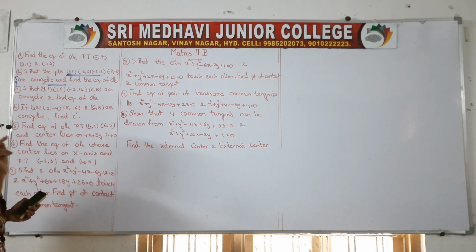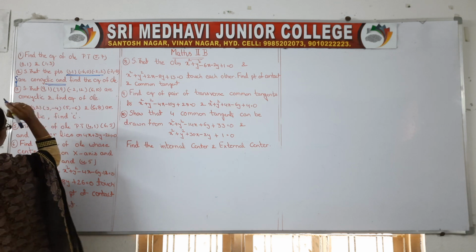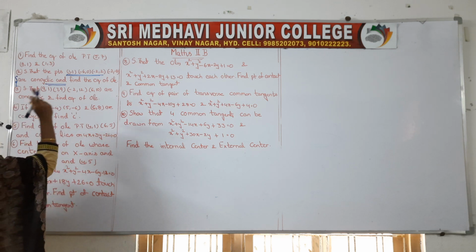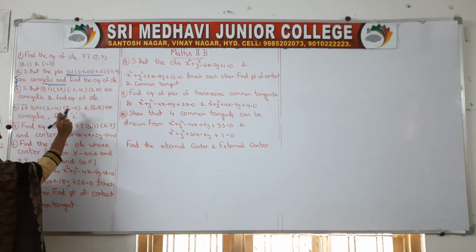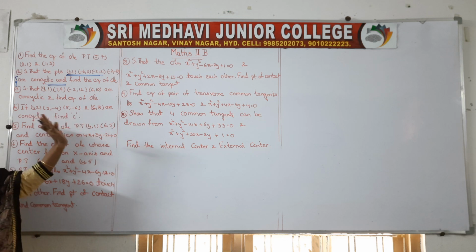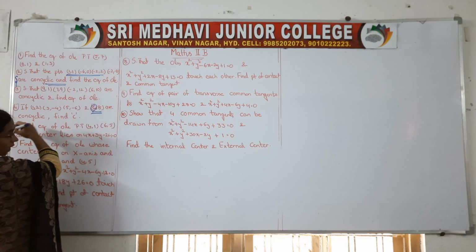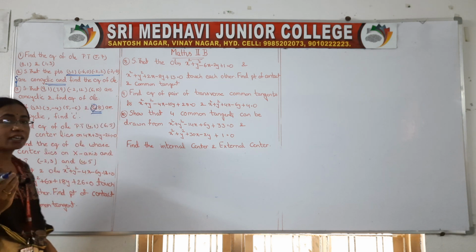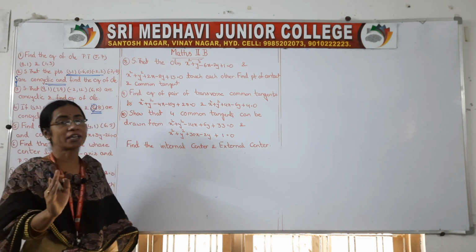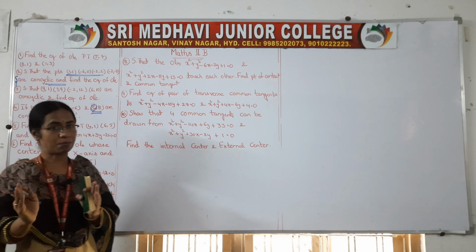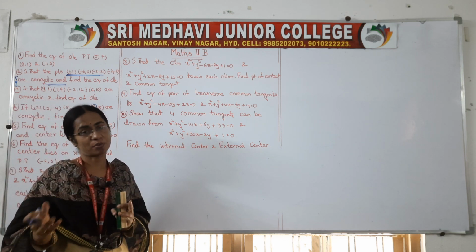Okay, next come to the third one. Actually the third one is also concyclic, but if you observe it, yes, second and third are the same. Now come to the fourth one. The fourth one is also concyclic, but if you observe your 4th point, one value is given as C. Generally points will be in terms of numbers like 2, 3, 5, 7, -2, -6, 0, 2.